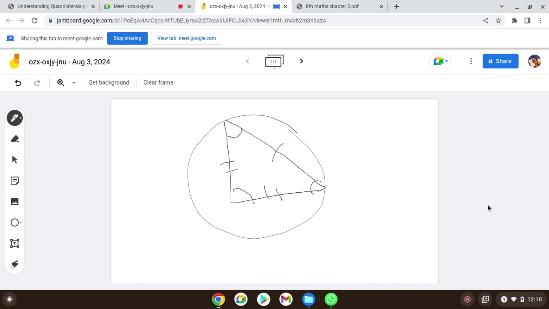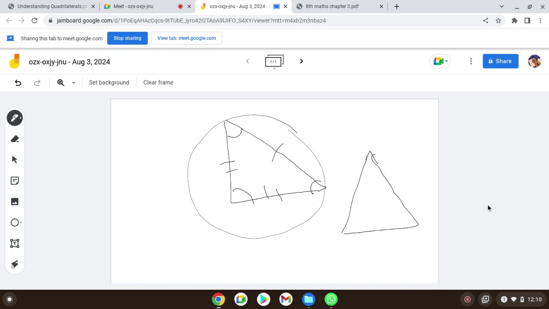Firstly we have to get the information about the equilateral triangle. Definition: an equilateral triangle is a triangle where all three sides are of equal length. For example, this is a triangle which is equilateral. You don't have to write anything, I will tell you what will be written. You just have to listen to me. Equilateral means the same sides of any triangle.